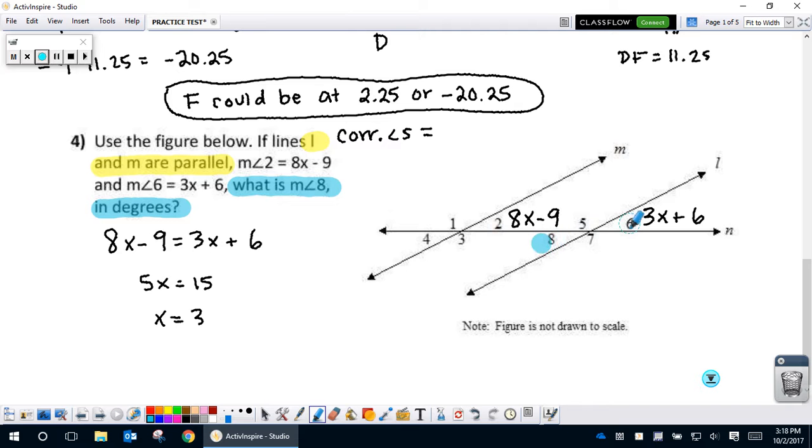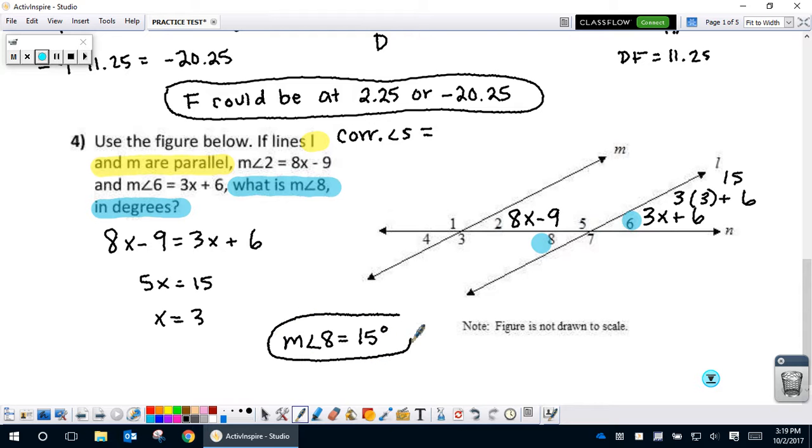Well, the measure of angle 8 is the same as angle 6 because they are vertical. So now we have to do 3 times 3 plus 6, which I believe is 15. So the measure of angle 6 is 15 degrees, therefore the measure of angle 8 is 15 degrees because it's vertical. Okay.